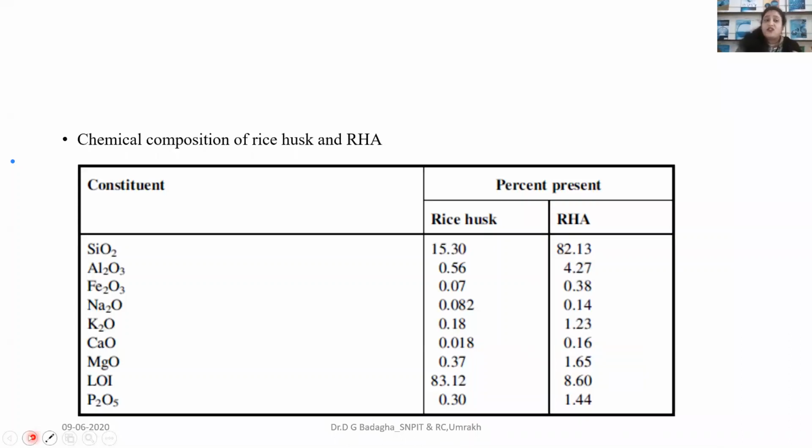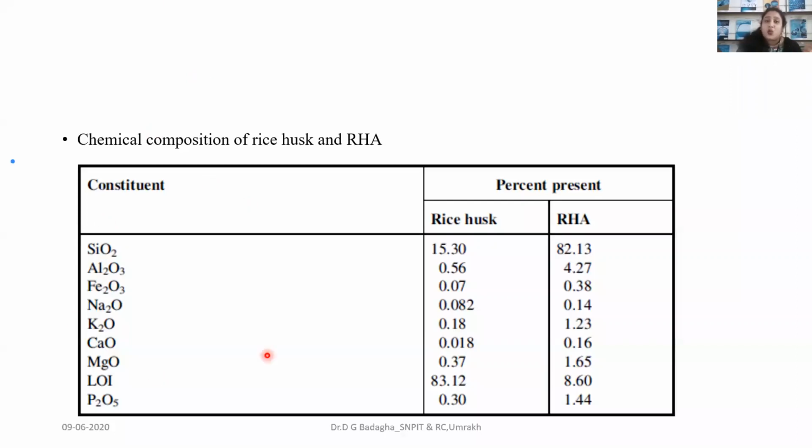Okay, so again we have to focus on the chemical composition. You can see SiO2, Al2O3, Fe2O3, Na2O, K2O, whatever constituents you are seeing over here. The same type of things we saw for GGBFS and fly ash in comparison with cement, those chemical compositions are here too.